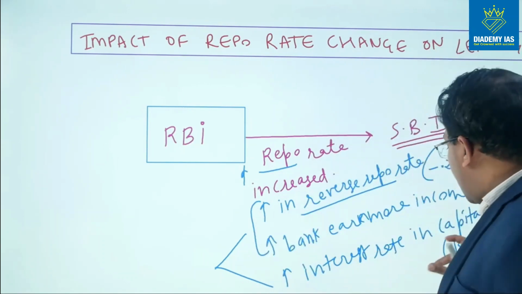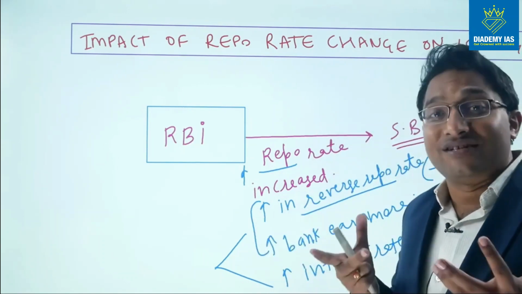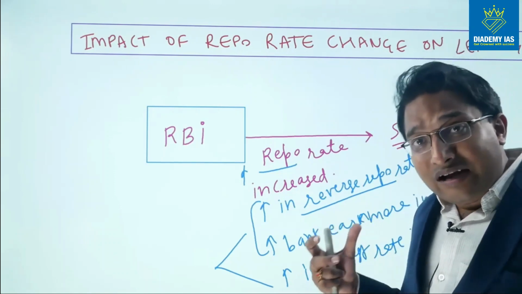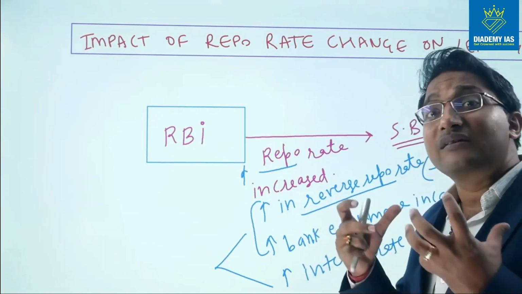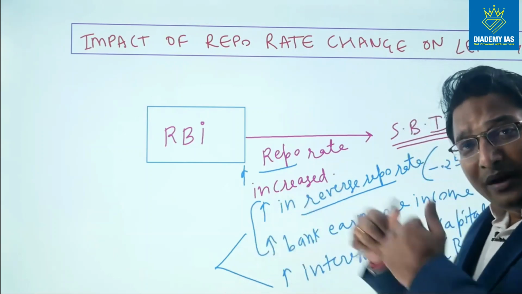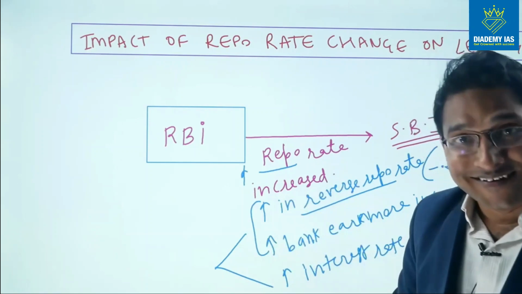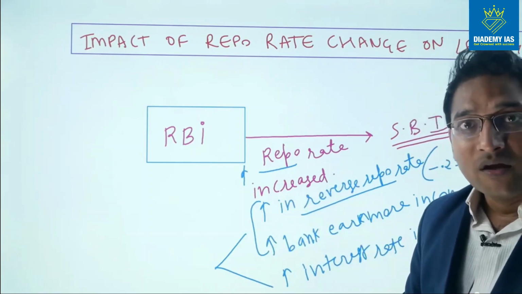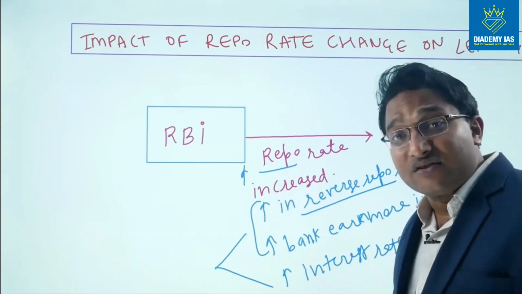Now since the bond interest rates are increased, therefore there is a possibility that bank's customer will withdraw the money and buy the bond, right? Because the bonds are carrying high rate of interest.